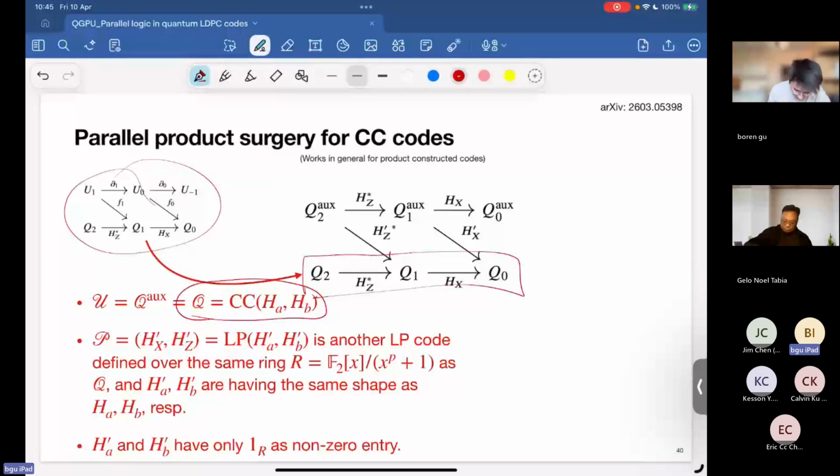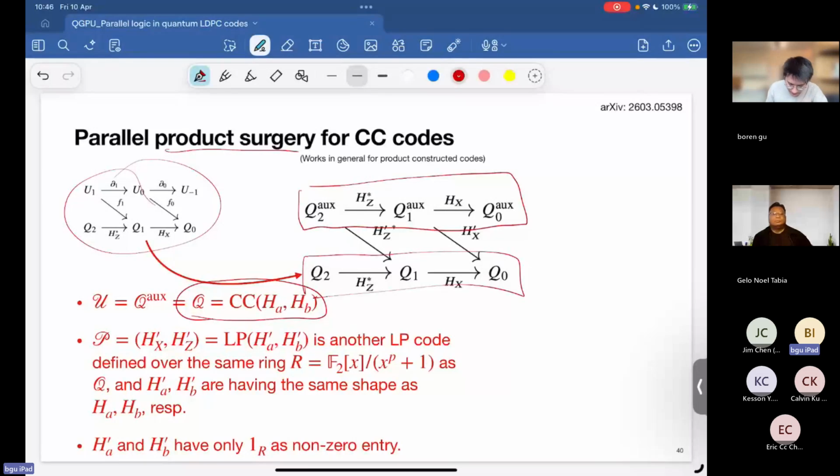And we pick the auxiliary system to be exactly the same code, so it's another copy of the same code. That's a very special constraint. We also want to point out that this product surgery works in general for all product constructed codes, but for simplicity, we emphasize CC codes.